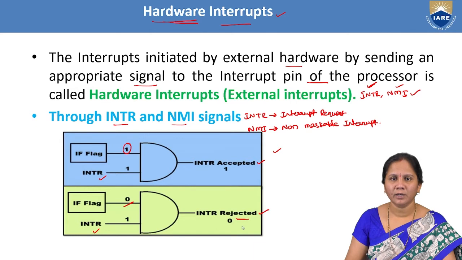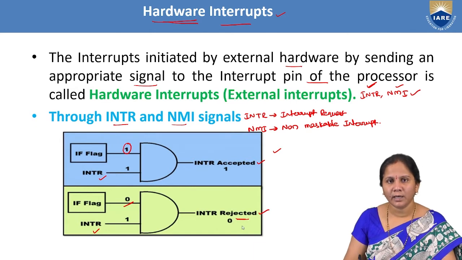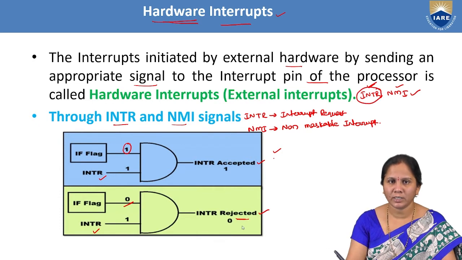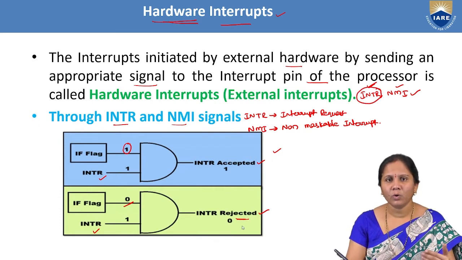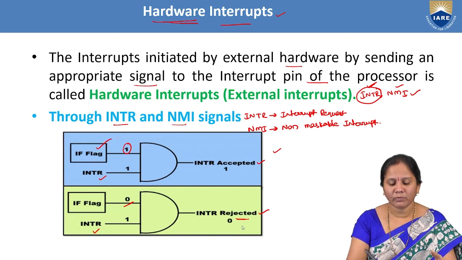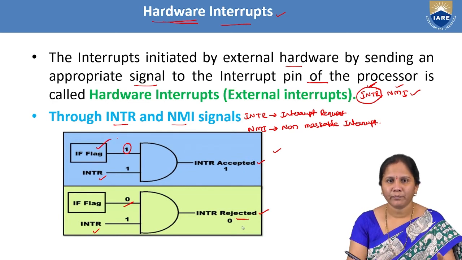That means, to summarize, if any interrupt comes through the INTR signal of the 8086 microprocessor, it will be accepted only when the interrupt flag bit is set.